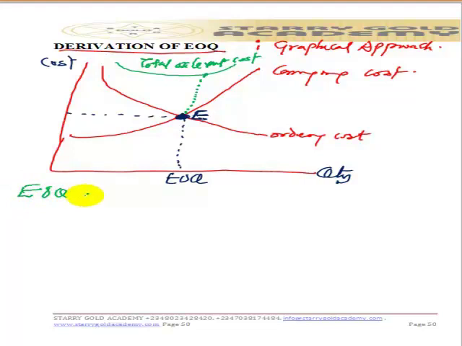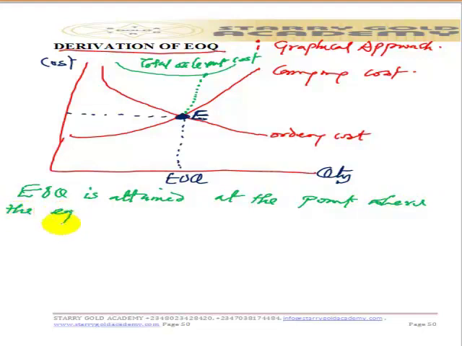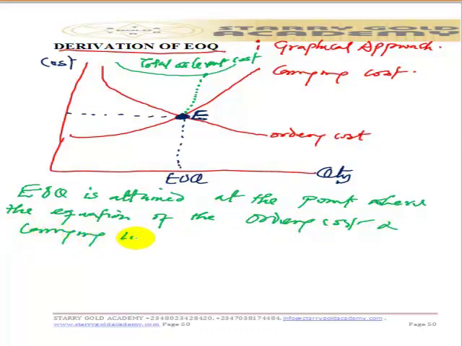So we can say that the economic order quantity is attained at the point where the equation of the ordering cost and carrying cost intercept.